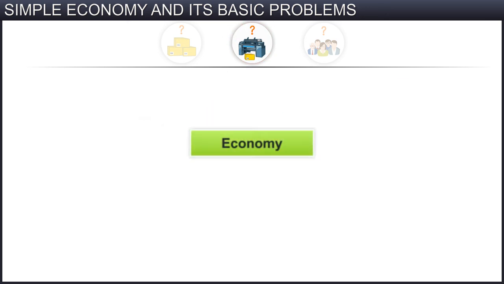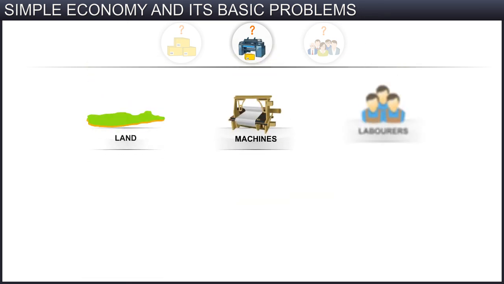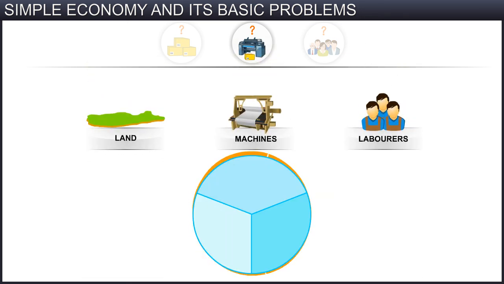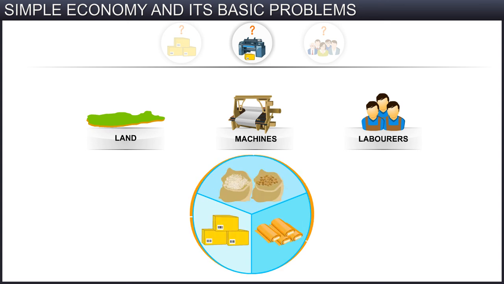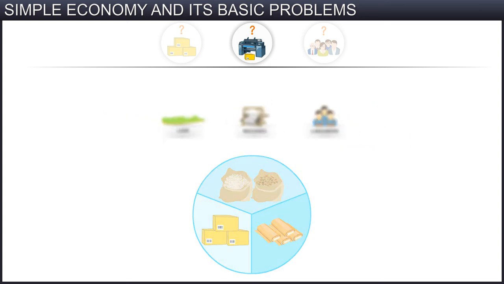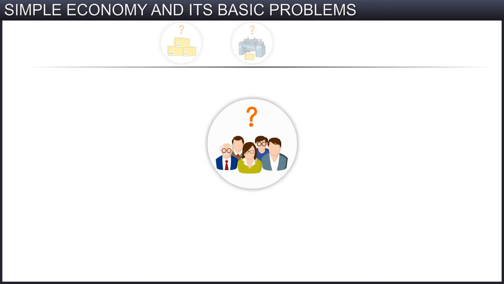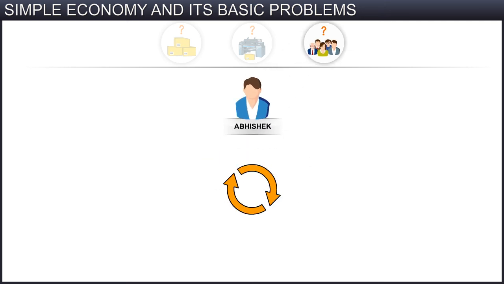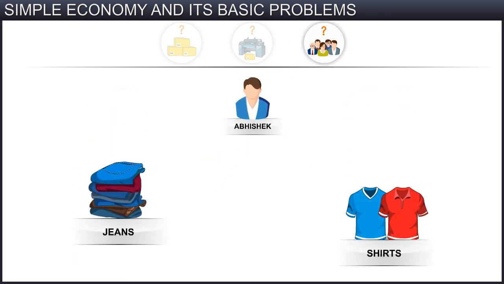Similarly, the economy also faces the problem of how much of each resource it possesses should be used in the production of different commodities. Moving ahead, we will now see the third basic economic problem of for whom to produce these goods. In the above case, Abhishek has produced both jeans and shirts.